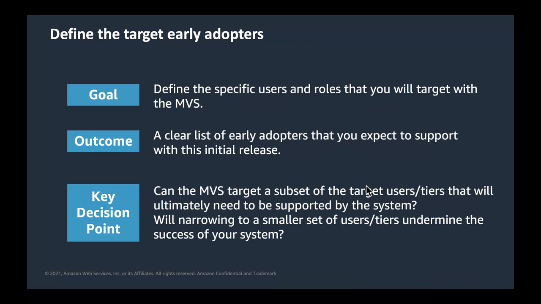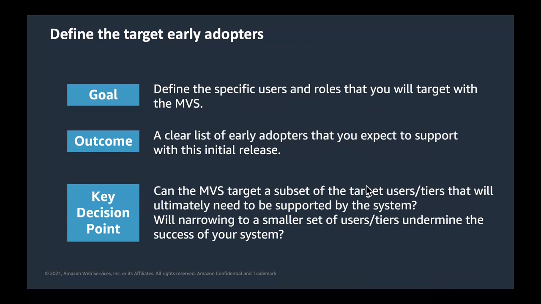To start with, a good exercise is to really define the user personas and the roles that you would like to target with this MVP, the first version of your product. Then you should come up with a list of organizations or personas you would like to target.